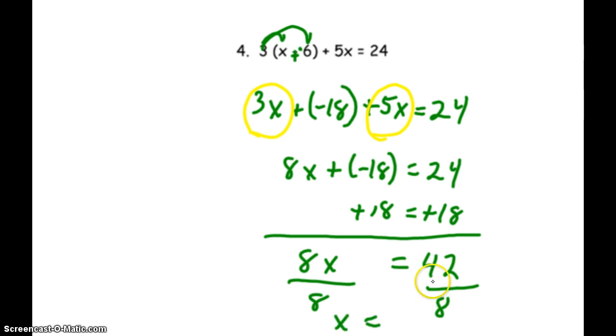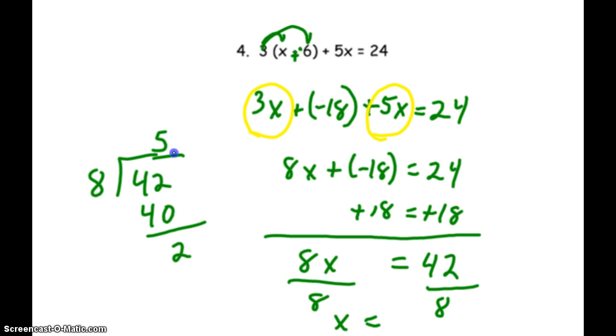Here, don't be frightened, we're not going to come up with a whole number. We're going to be coming up with a fraction or a decimal. So let's do this. 8 goes into 42 5 times with a remainder of 2.